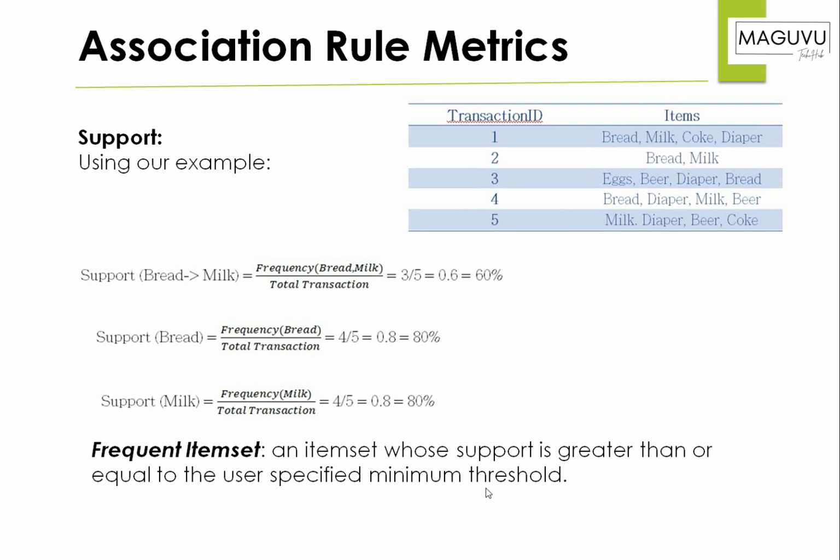You will see that when we look further into the algorithms implemented in association rules, such as Apriori, we want to look at the frequent item sets, items which have a support greater than the minimum that is specified by a user. Okay.